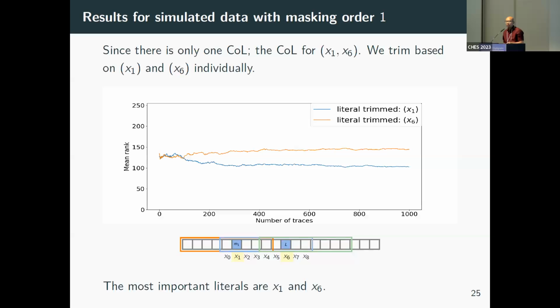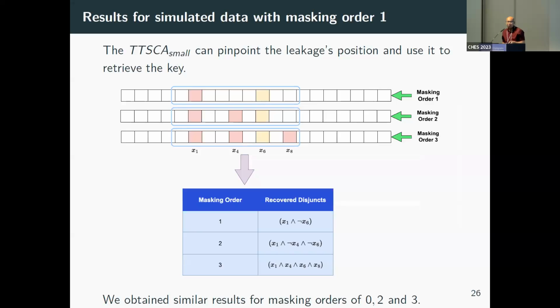So we try to trim them individually. And when we trim them individually, the Gaussian entropy increases and no longer converges to 0. This means that both literals are important to the neural network. So this means that the TT-SCA small can pinpoint the leakage in a black box setting and still use them to recover the key.